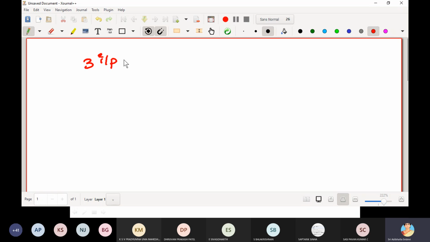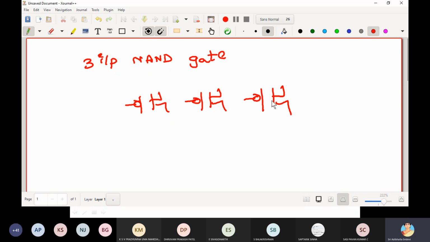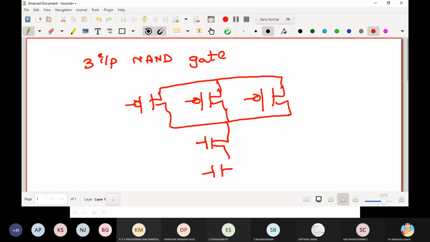If you consider a 3-input NAND gate, I can have 3 PMOSFETs in parallel and 3 NMOSFETs in series.